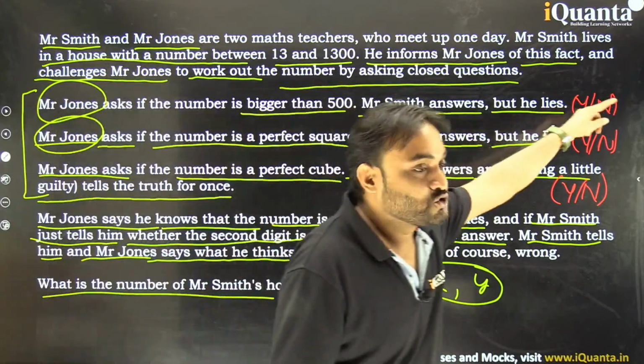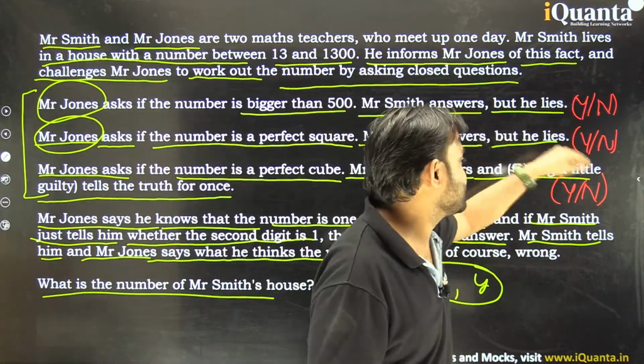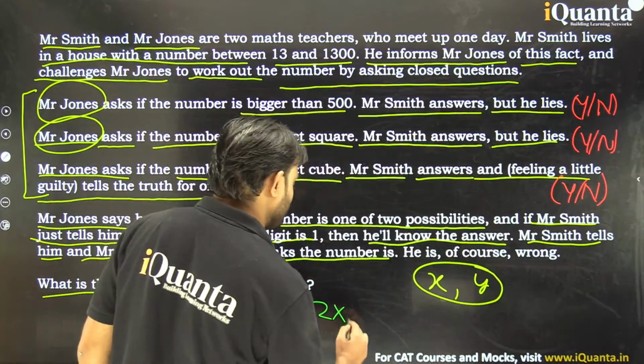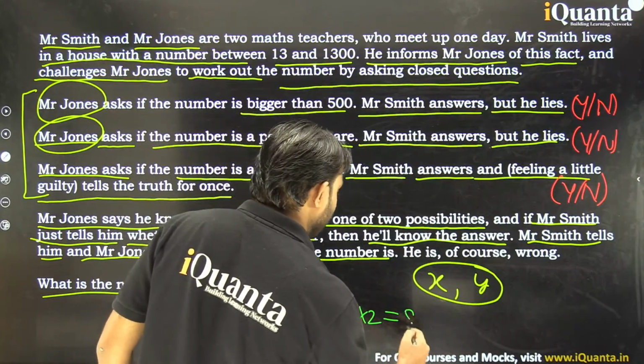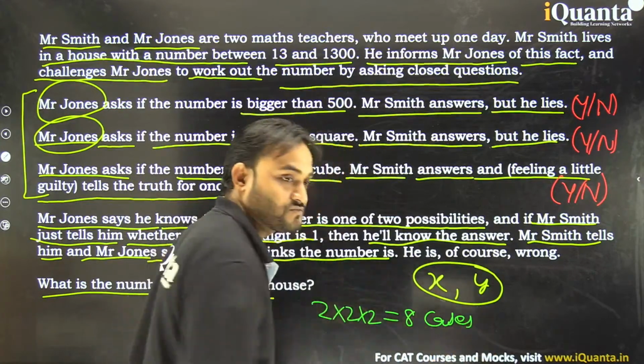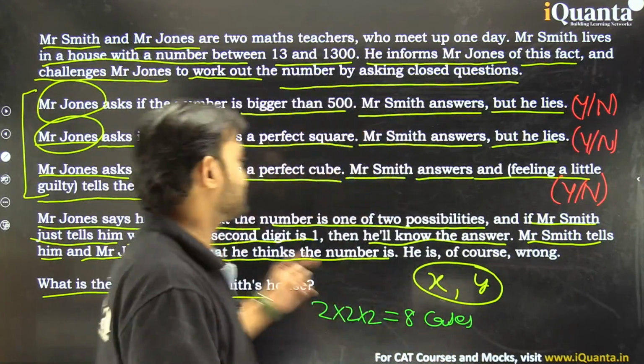Guys, 2 cases here, 2 cases here, 2 cases here. It should be 8 cases. 2 into 2 into 2, 8 cases. What are those 8 cases?